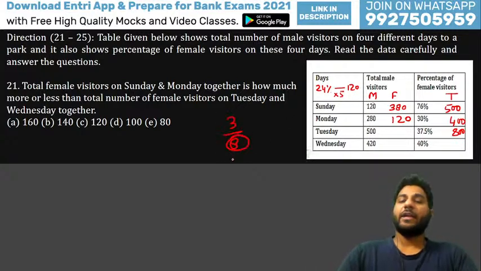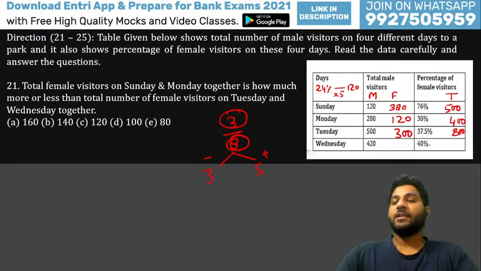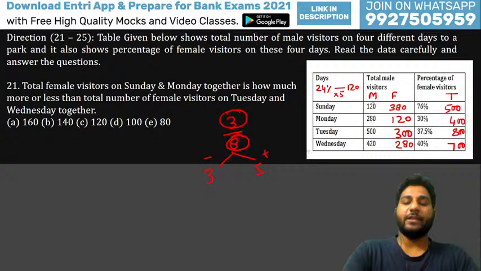So out of 8 total visitors, 3 were female, that means 5 were male, and 5 must be equal to 500. So 3 must be equal to 300. Similarly, 60% equals 420, that makes the total data 700, and it has to be equal to 280. So we have got the whole data.